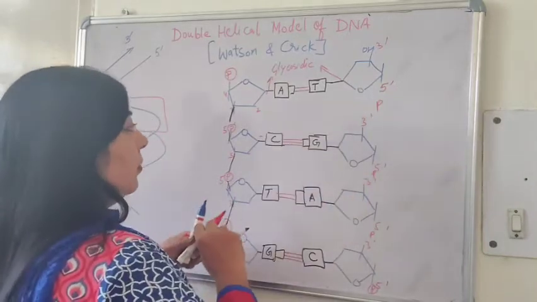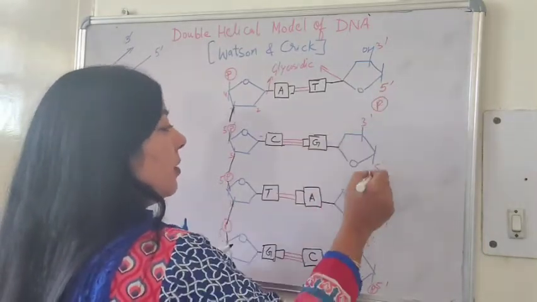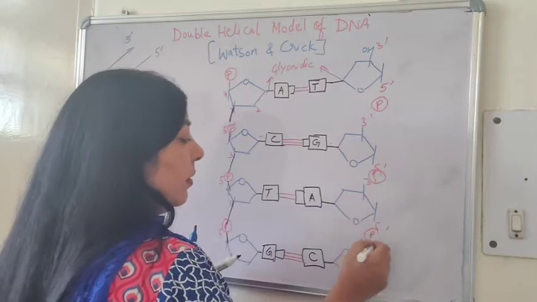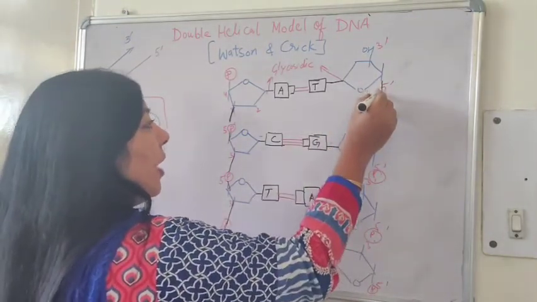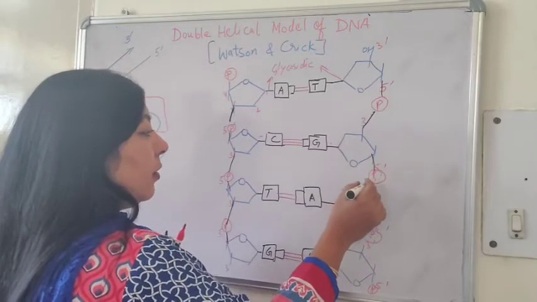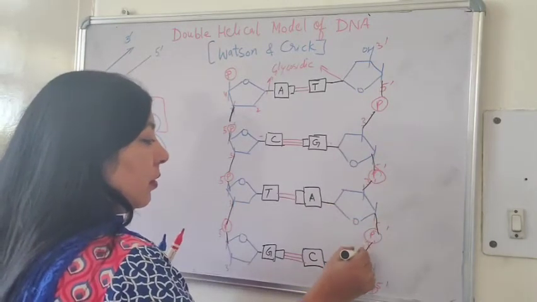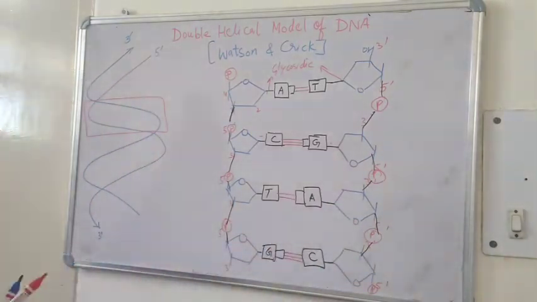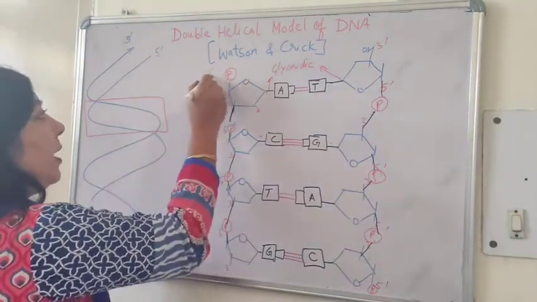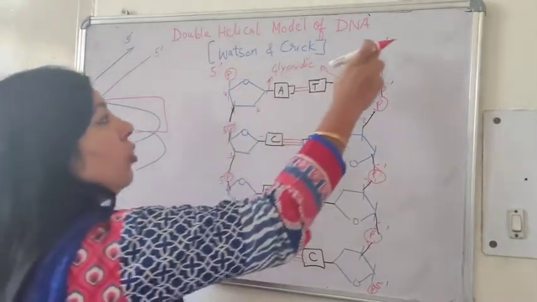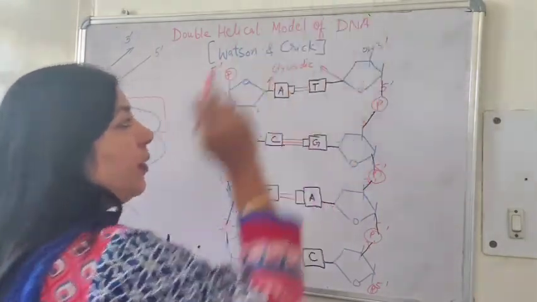Likewise, let's put it in a circle to make it more clear. So they are held together by phosphodiester bond. So you can see the topmost position here is 5 prime, whereas the topmost position here is 3 prime.